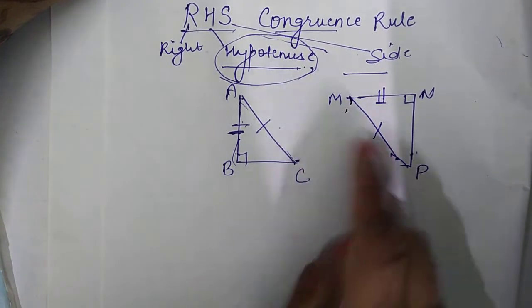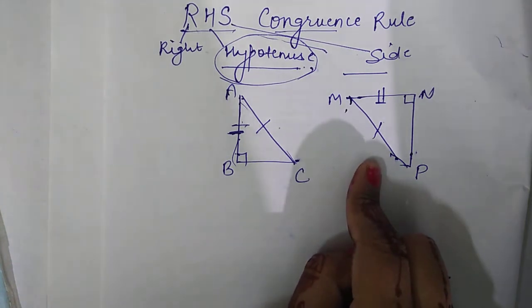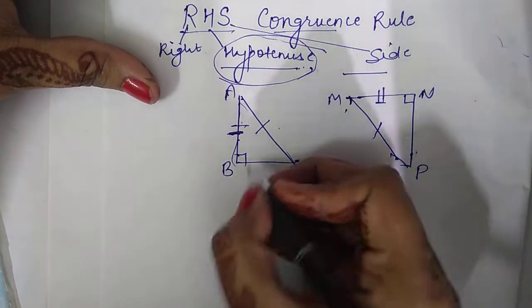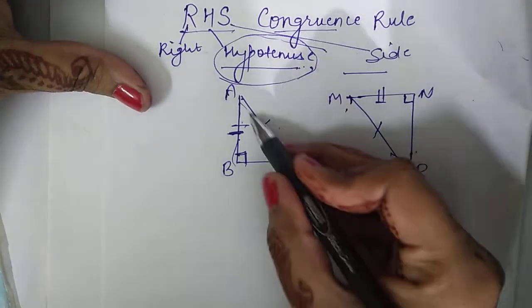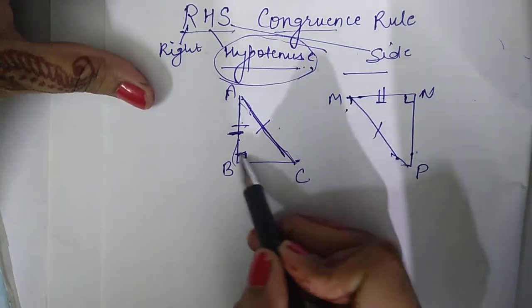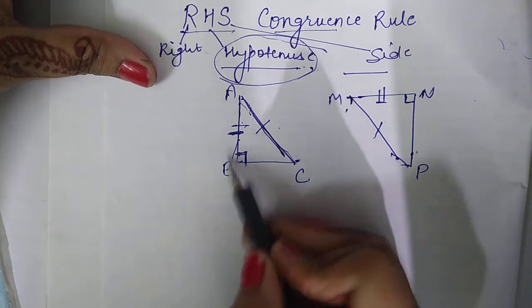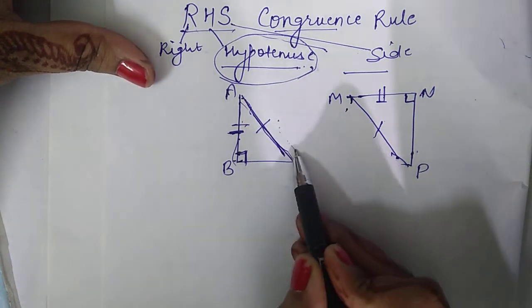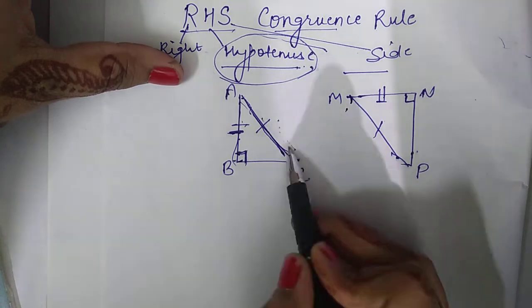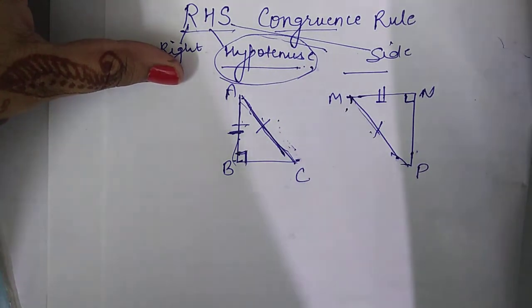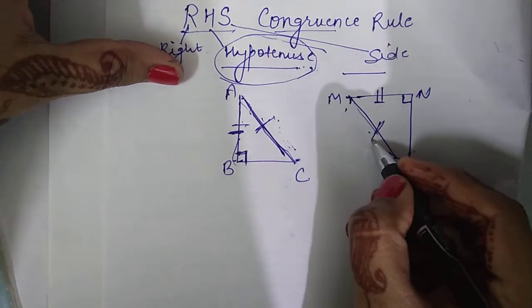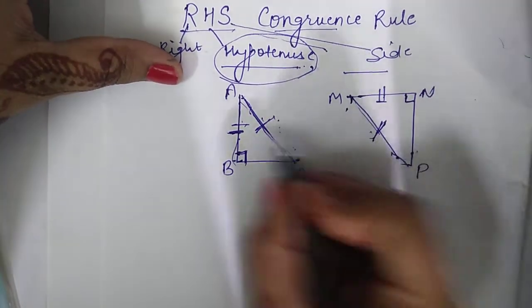Now I can say that the triangles are congruent by the RHS rule, because in both the triangles there is a 90 degree angle. Hypotenuse means the side which is opposite to 90 degrees. So here AC is the hypotenuse, so AC is also equal to MP. This is also given, I have marked it with one mark, so these two sides are equal.